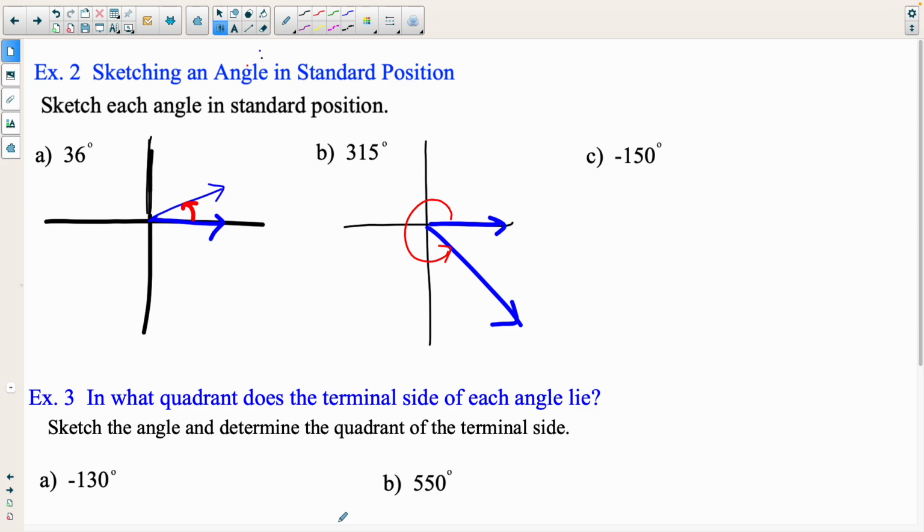Alright, so go ahead and try to draw a negative 150 degree angle. Remember, we always start with the positive x-axis.